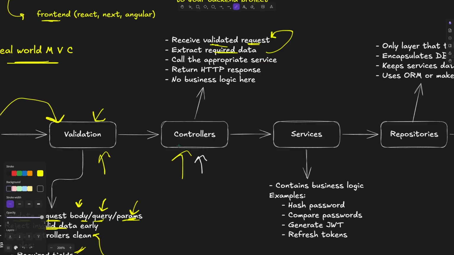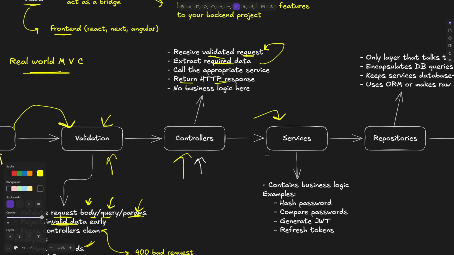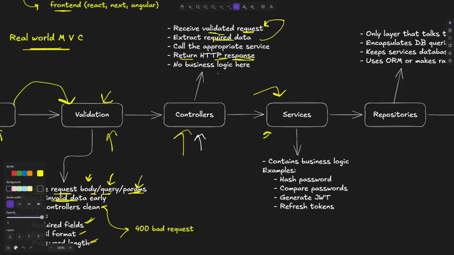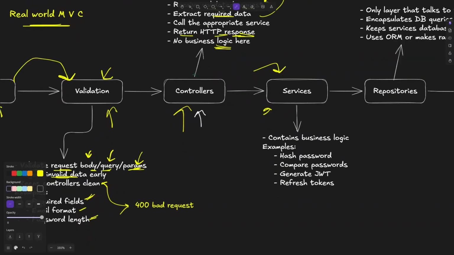So you see, controllers don't have a lot of logic over here. They will just call these services, and then return the HTTP response. So its sole purpose is to call this service layer, number one, and number two, to return HTTP responses. And yeah, you don't have any business logic over here.